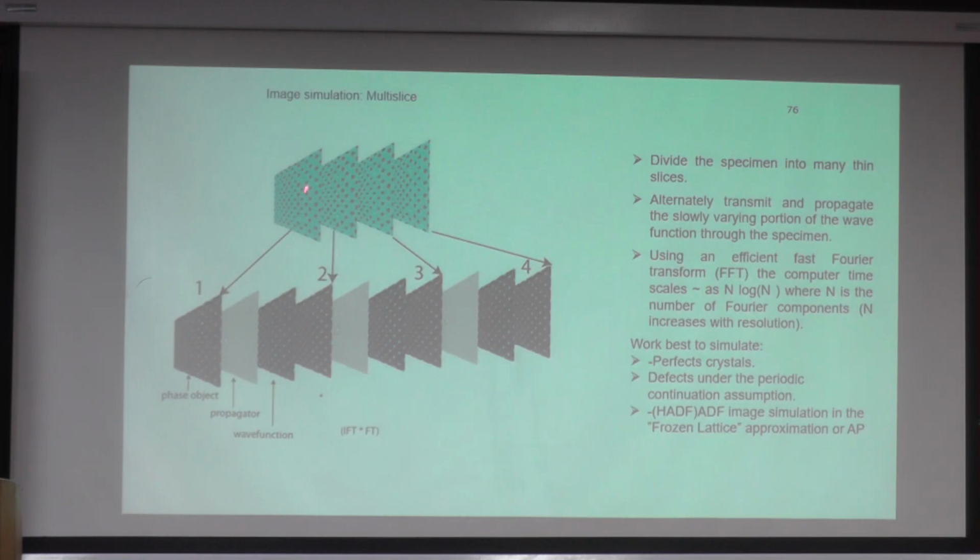Your specimen is sliced into many thin slices, and then the beam alternately transmits and propagates through these slices, and then it calculates your image. So it works very nicely for perfect crystals, for defects, and it can also be used for HAADF imaging.